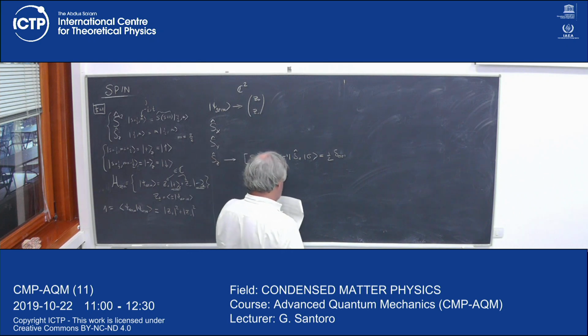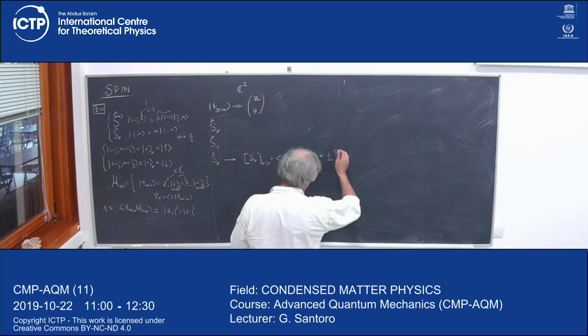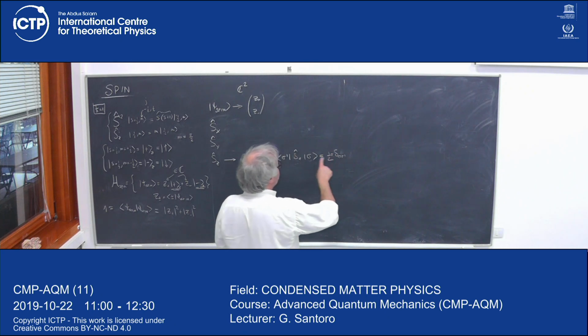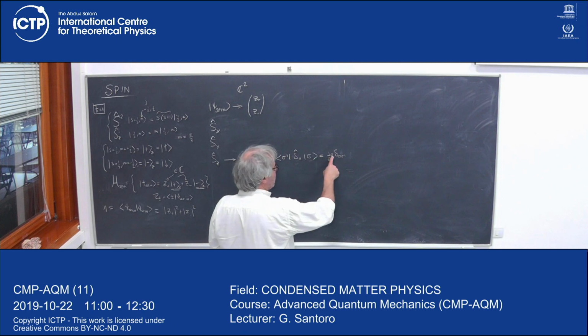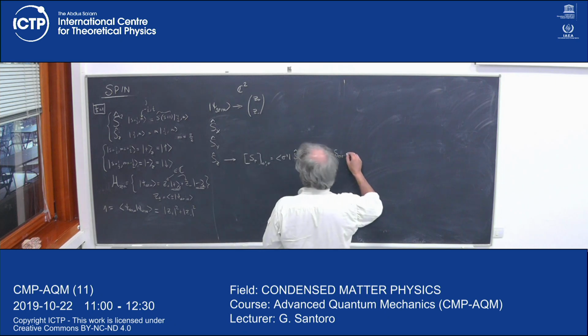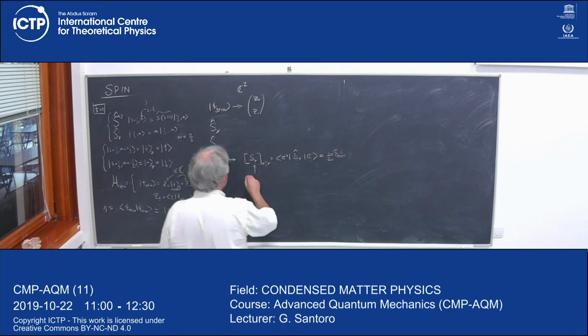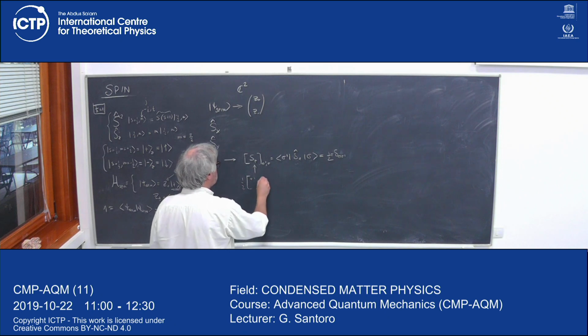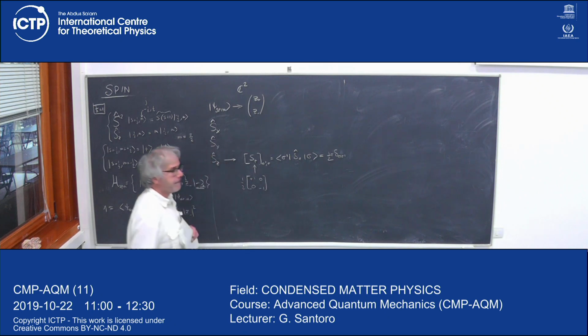So 1/2 times sigma. If it is plus, it's plus 1/2, otherwise it's minus 1/2. So to be explicit, the matrix that I have here would be just 1/2 times plus 1, minus 1. Is it clear?